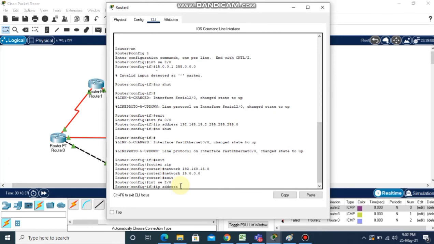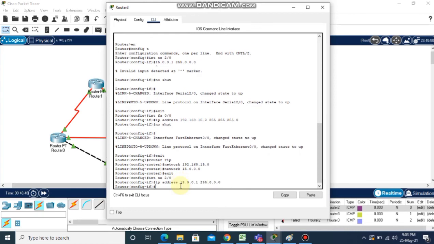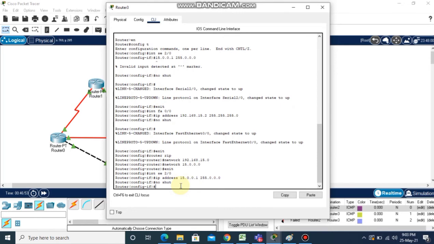So we're configuring this port. There you go.